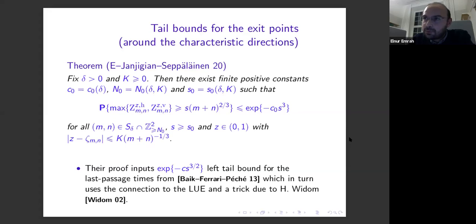Although the lower tail of LPP goes down like s cubed, as in this bound, to obtain the s cubed bound here, one just needs to use the s to the 3/2 left tail bound for LPP. So the s cubed does not immediately come from the cubic tail decay on the left tail for LPP.